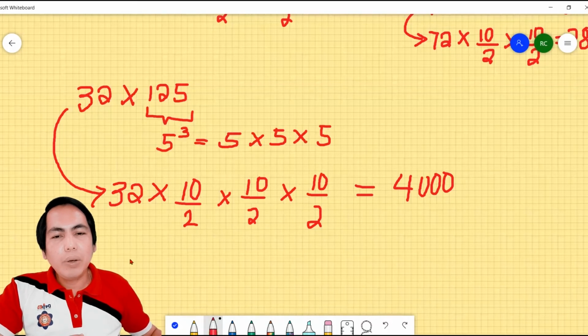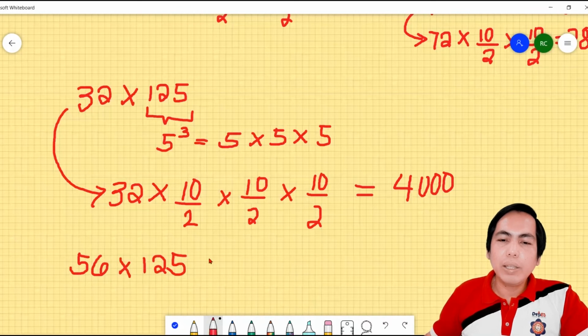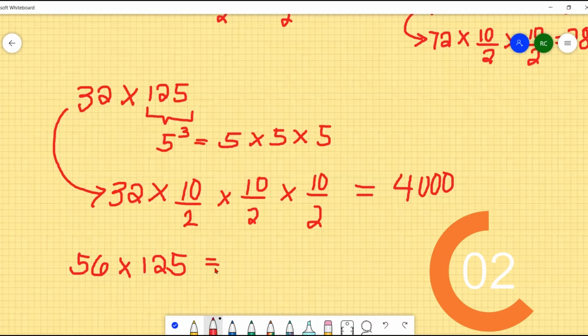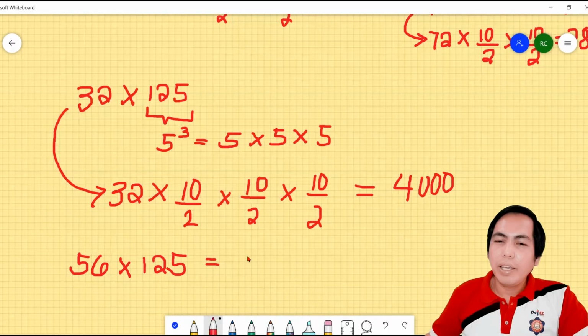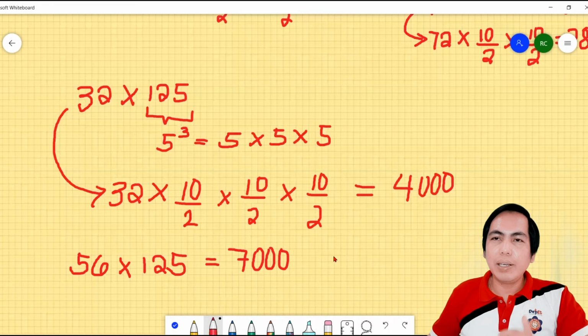Now, how about if we have 56 times 125? Can you find the product of 56 and 125 in 5 seconds? Go! Okay, the answer here is 7,000. Now, how did we arrive at 7,000 in an instant?